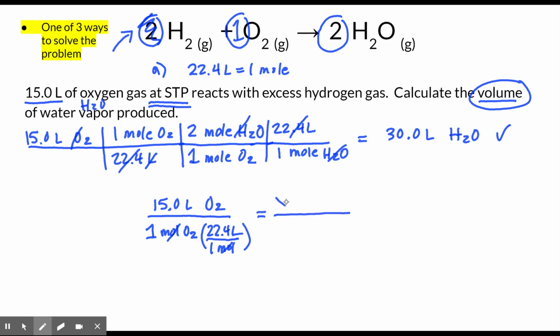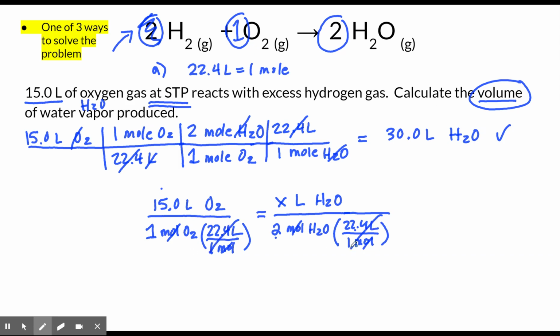On the right-hand side, we're solving for the number of liters of water. The coefficient of water is 2 moles of water. And we, again, still use this relationship, 22.4 liters over 1 mole. So that moles cancels in this way. So cross multiply, so this would be 15 times 2 times 22.4, but that would be divided by 22.4.